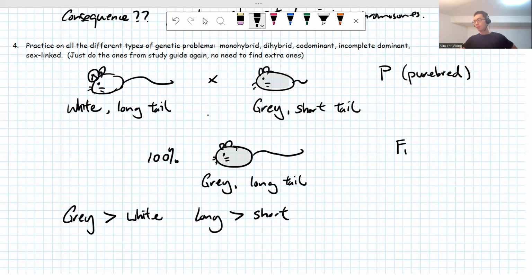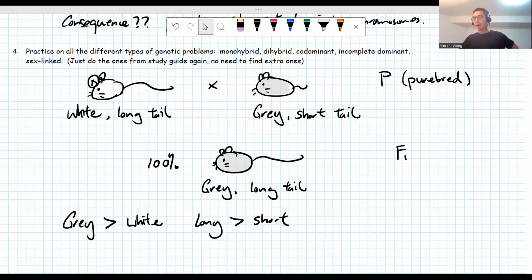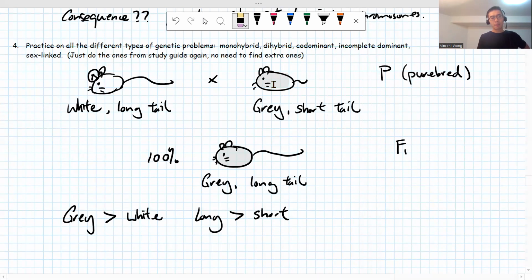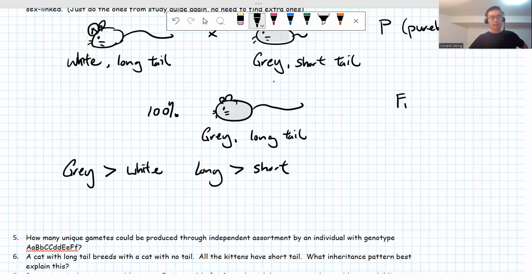Remember, we wrote this down several times in class. When the parents are purebred, all the F1 generation will only possess the dominant trait, right? So even though I don't tell you in the question which one is dominant, which one is recessive, you just look at the F1 generation. Since all of them are gray and long tail, they must be dominant, right?